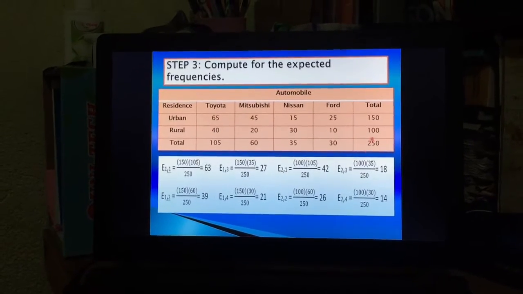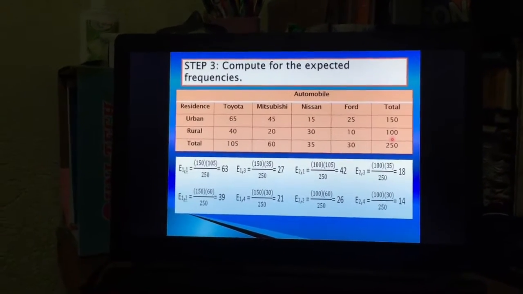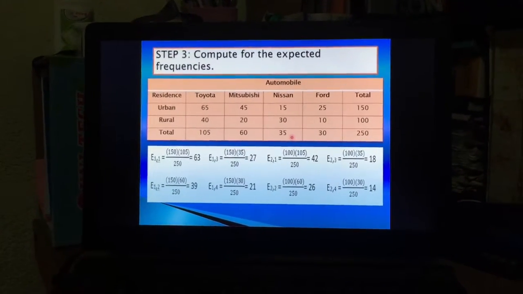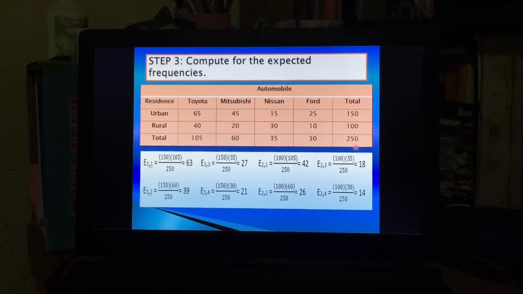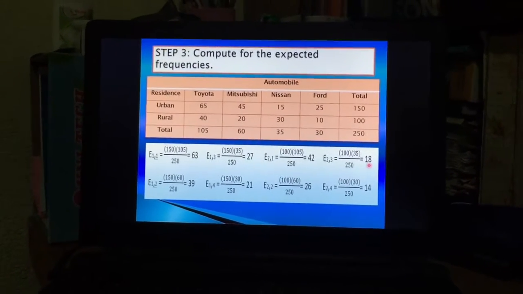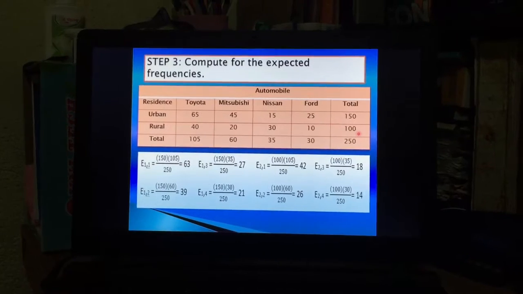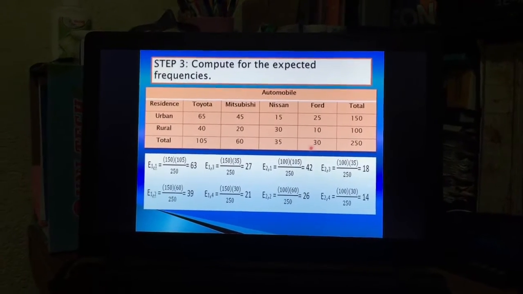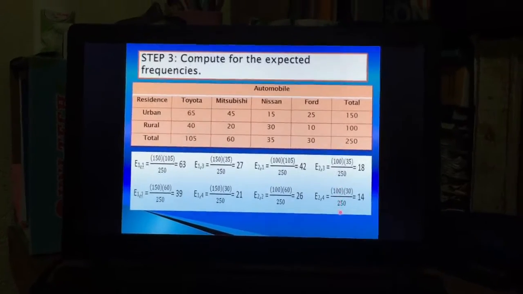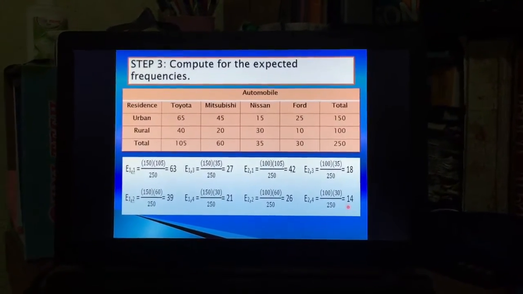Next, second row total 100 multiplied by the third column total 35 divided by 250 is equal to 18. And lastly, second row total 100 multiplied by the fourth column total of 30 divided by 250 is equal to 14.